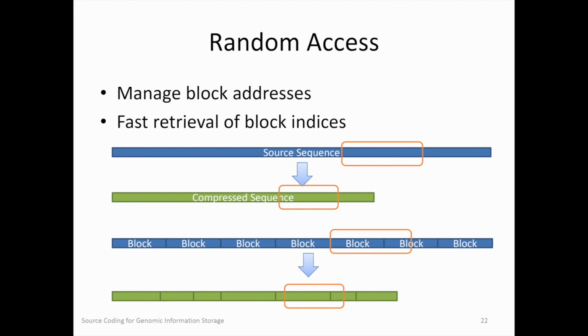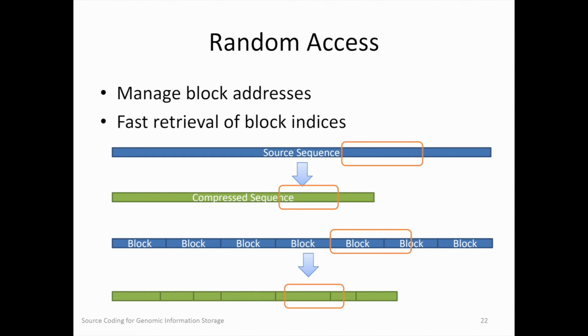So alternatively, we can encode the whole sequence into small blocks. For every block, we have a separate encoding and decoding procedure. Now, if I'm looking for something in some of the blocks, then I can look for the corresponding compressed blocks and recover them. As a result, we can save some of the decoding time and also space and memory and so on.